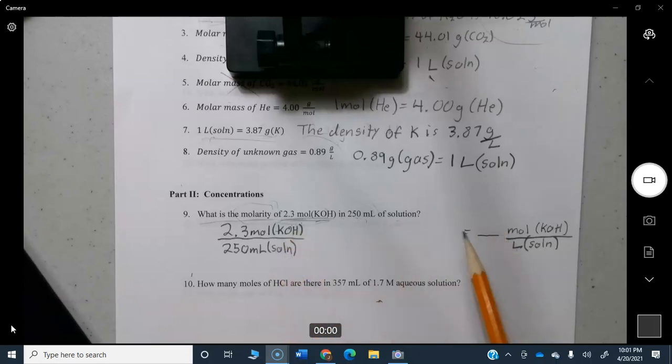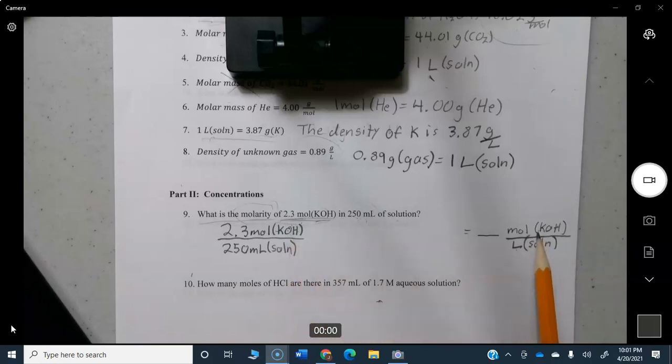You could deal with the denominator first if you want, but let's just start with the numerator. You deal with one at a time. On the top, we start with moles of KOH, and in our final answer we need moles of KOH. Since those two are the same, you don't need to do anything to the top. It's already in the units of measure that you want for your final answer.